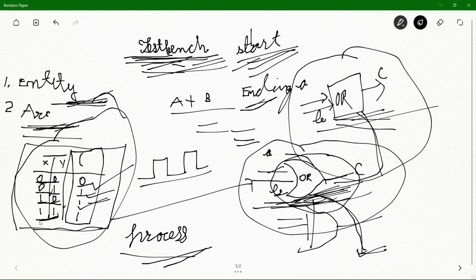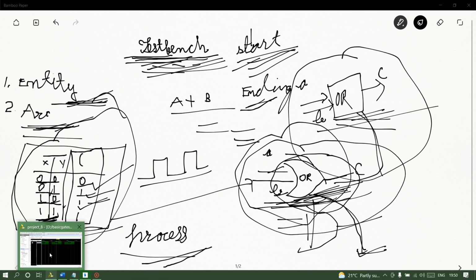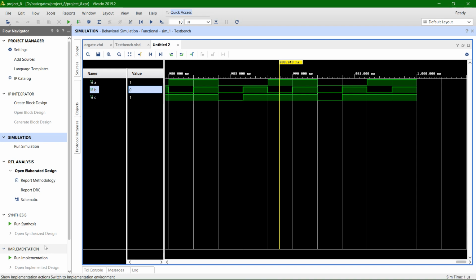Now it's time for the last statement, and if this is verified, then I am successful in making my test bench, or my architecture does not have any sort of syntax error, right? So let's check the last input also. What is happening in the last input? Both the inputs will be high.